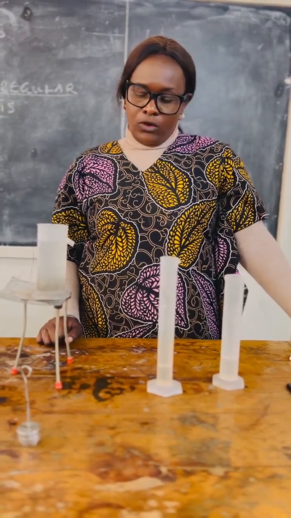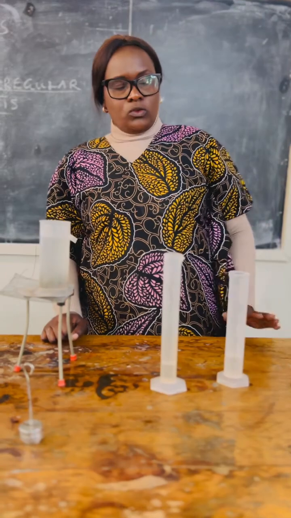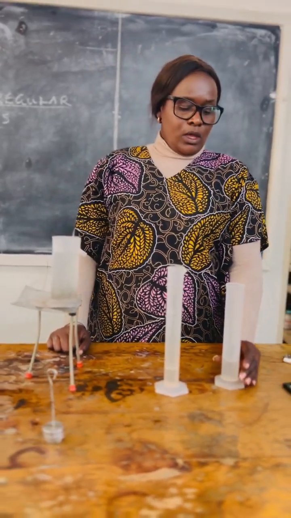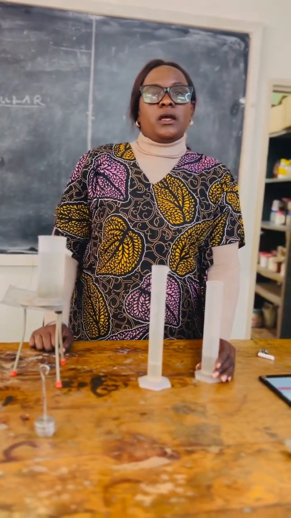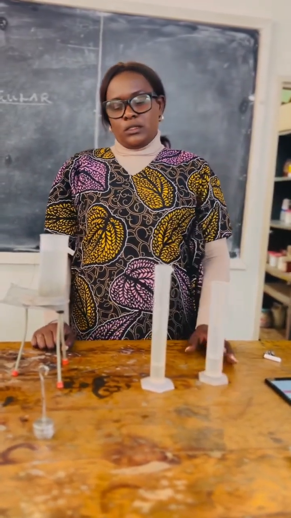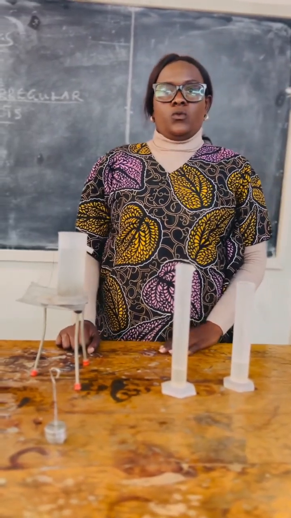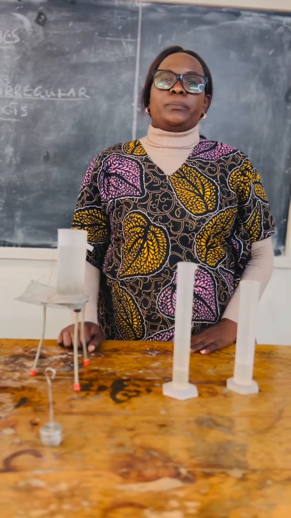Because if water splashes, it is going to affect the volume of water that is going to be collected in the measuring cylinder, and consequently affects the volume of the irregular object which you want to determine.